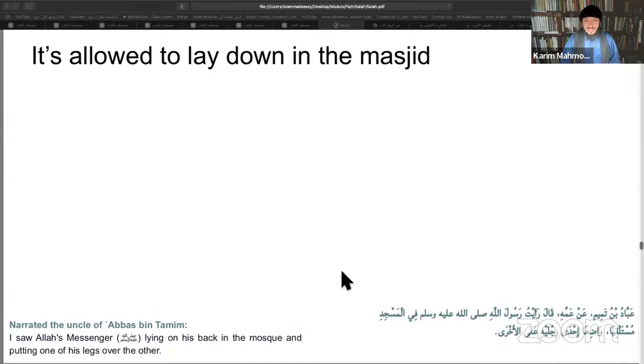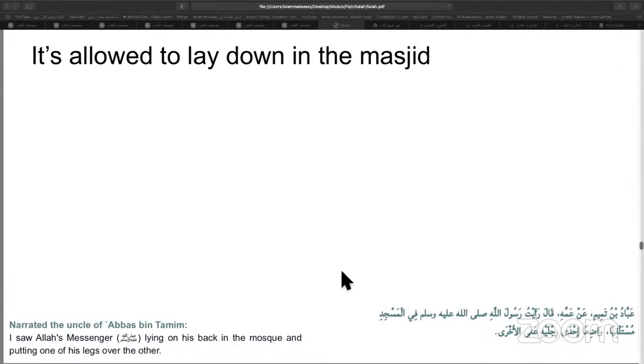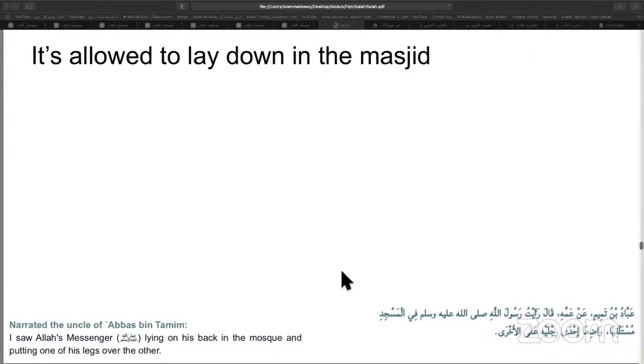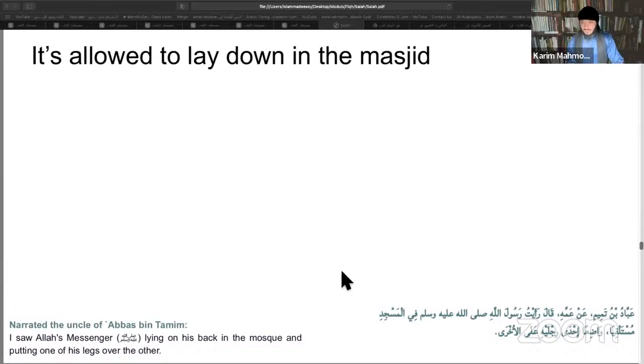Okay. Is it allowed to lay down in the masjid? Or sleep in the masjid? Spend the night in the masjid? I think that's true because in the Prophet's time, the people of the Suffa stayed inside the masjid. Who are these people of the Suffa?